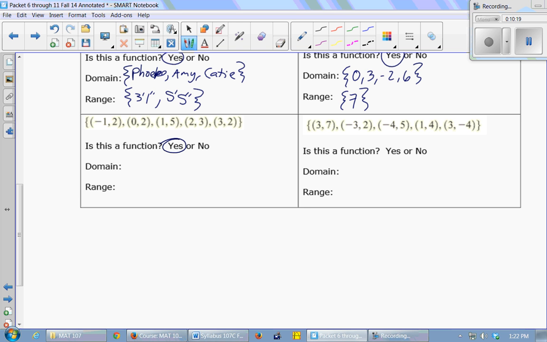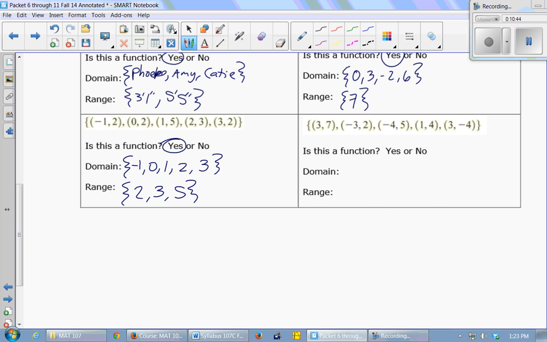Its domain is -1, 0, 1, 2, 3, all the x coordinates. And then the y coordinates are 2, 3, and 5. And you don't have to write them in ascending order. That's just me. Any order is fine.